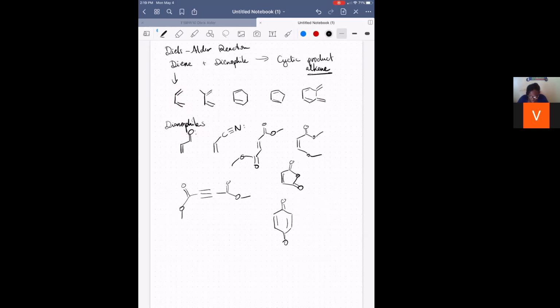So if we look at the general mechanism for our Diels Alder reaction, let's take a generic diene. Let's take this diene there and react it with a simple dienophile. Probably the simplest dienophile that you'll see is just ethylene.